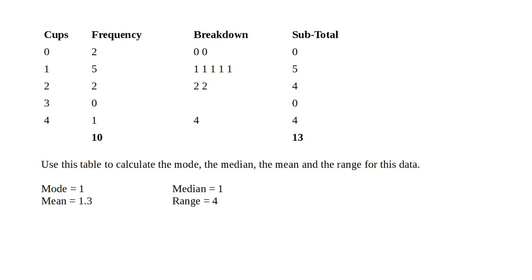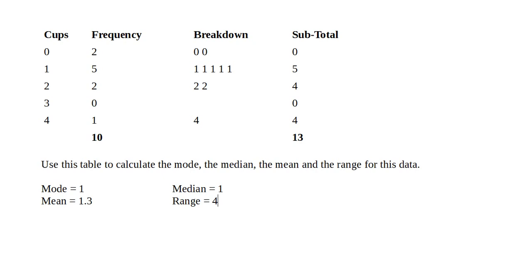Now, before I move on, can I just remind you of something I said in my previous introductory video on averages? It's really important that whatever averages we get, that they lie between the minimum and the maximum. So here, the lowest number of cups of coffee is 0. The greatest number of cups of coffee is 4.